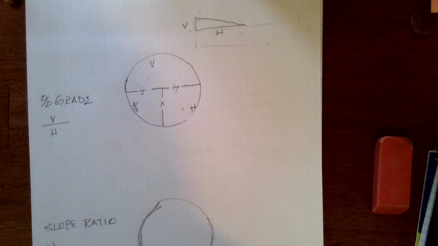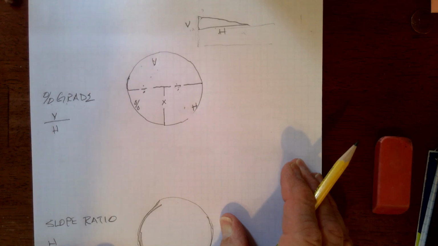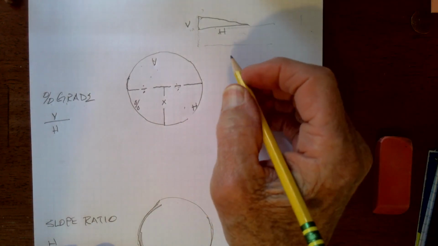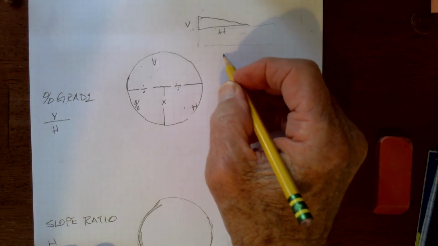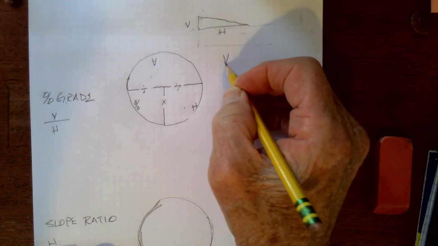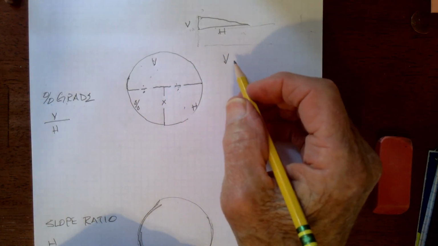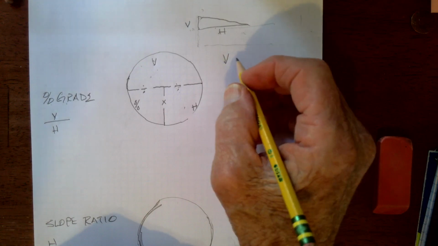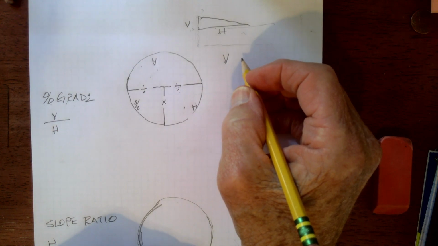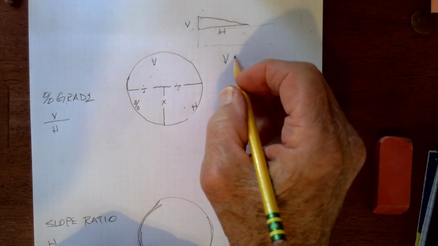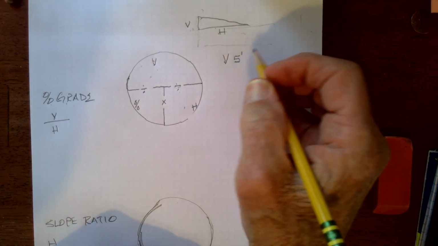Okay, so let's say we have a slope that has, and we're looking for percent grade, we don't know that, but it has a vertical distance of, let's make it easy on me, 5 feet.